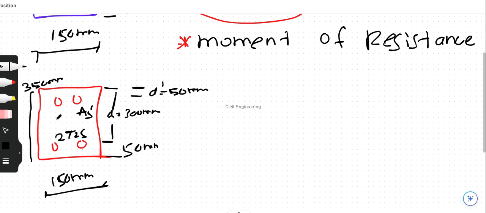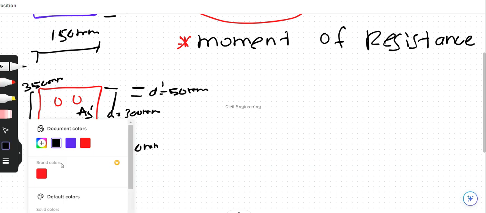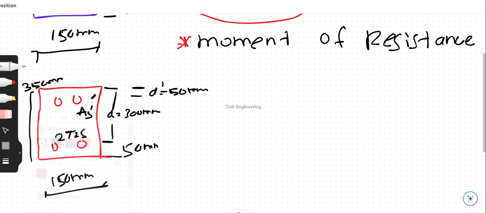Okay, here as you know there are two zones in a beam: the compression zone and the tensile zone. The compression zone is located over the neutral axis, and this is the neutral axis.